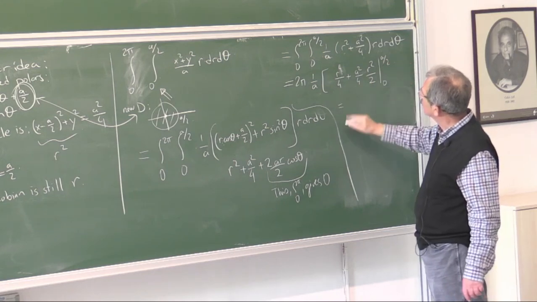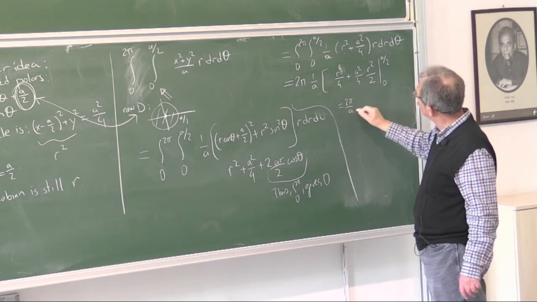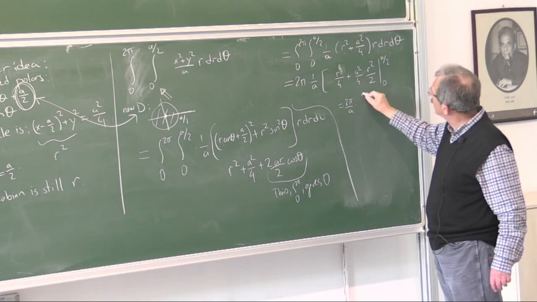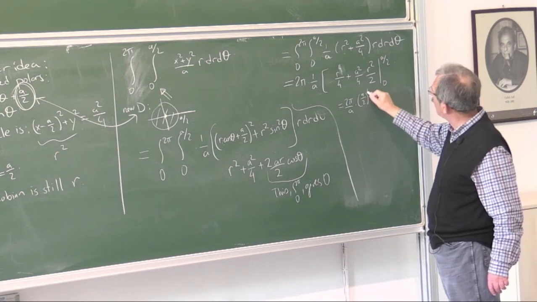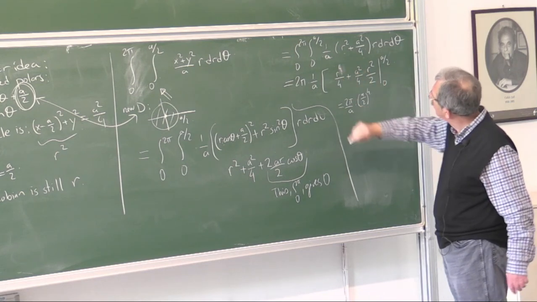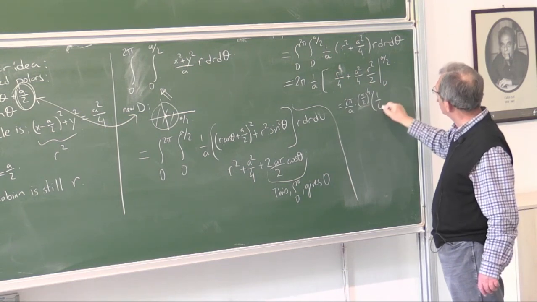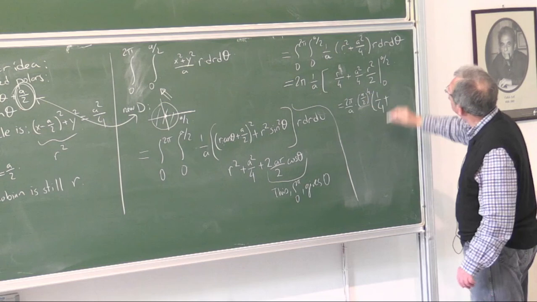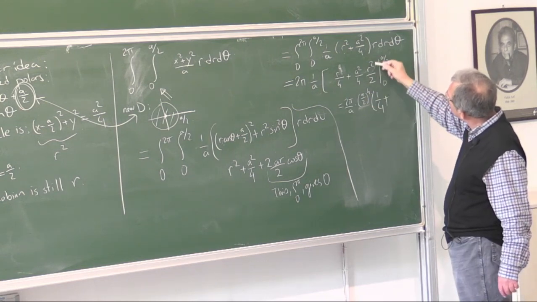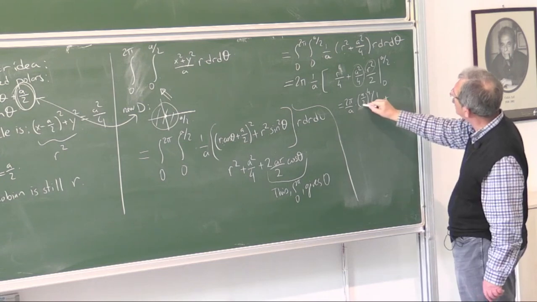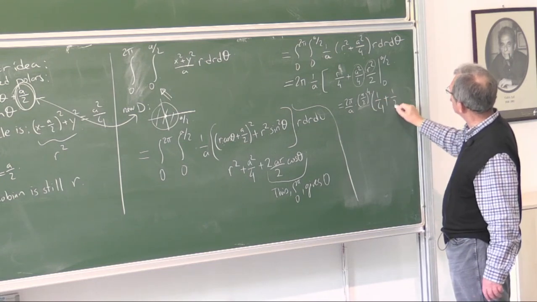So this is 2 pi over a times, now if we put a over 2, we are taking a over 2 to the 4th power out, divided by this, so we have 1 over 4 coming here. We have a over 2 squared here, another a over 2 squared, so it's again the same power. So we just have 1 over 2 here.